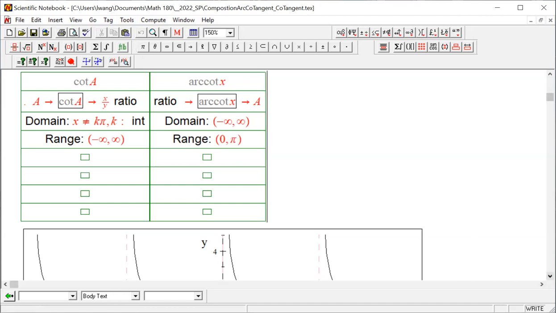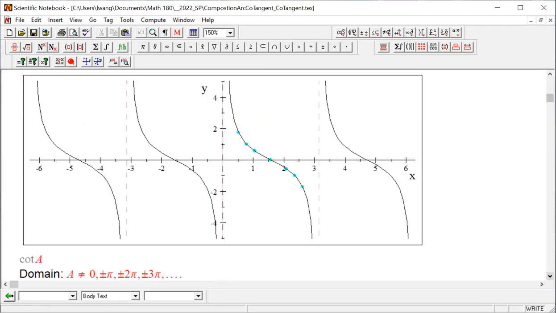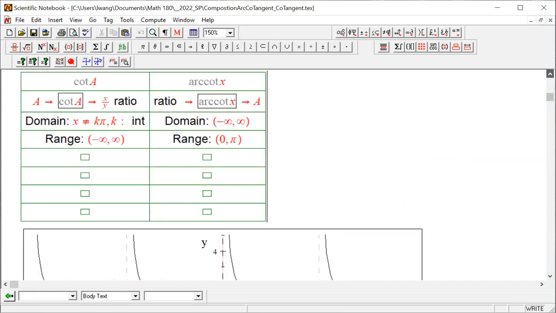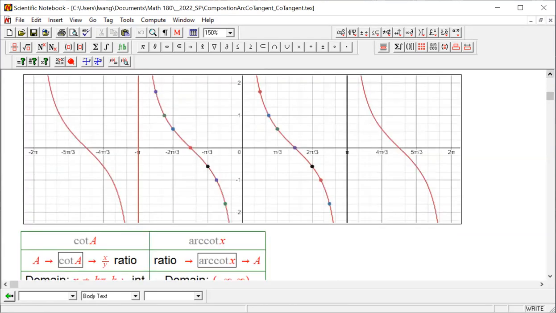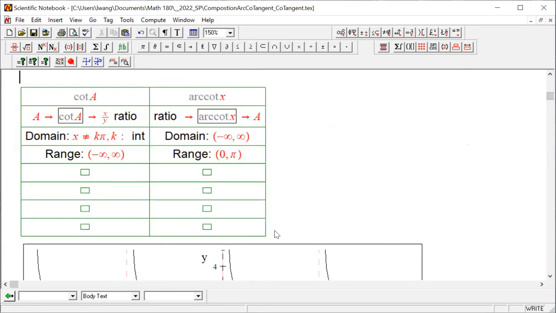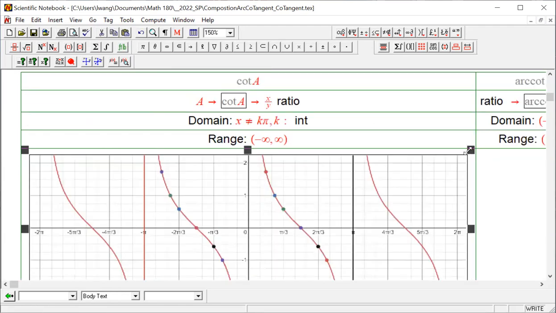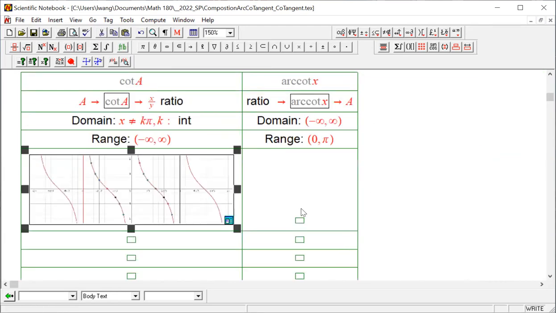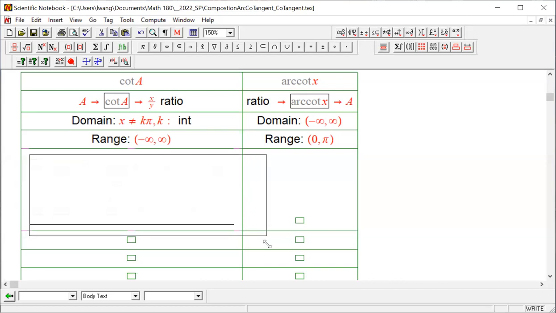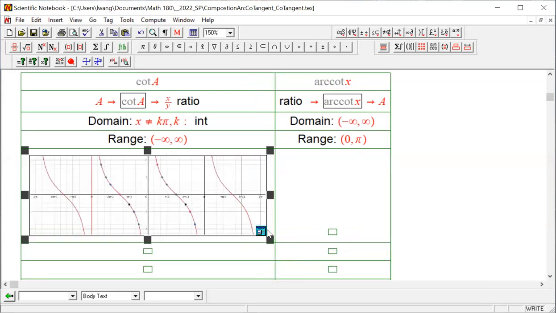Here I made a picture. I'm going to use the picture that we did with decimal. It gave us a pretty good picture. For arc cotangent, however, last time I talked about arc cotangent, this software doesn't produce a picture.